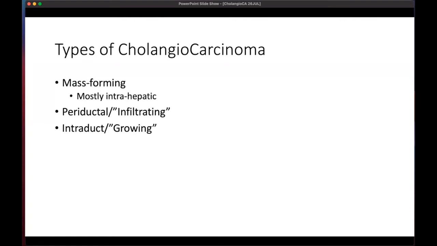And how do you know it's periductal? You really don't until you get the path back, but they have kind of a pattern on imaging where, if they do cholangioscopy and put a scope up, they won't see a polyp or any sort of intraductal obvious lesion, but there will be all this stuff around the duct on imaging that just kind of looks like inflammation and stranding, and that's the tumor.